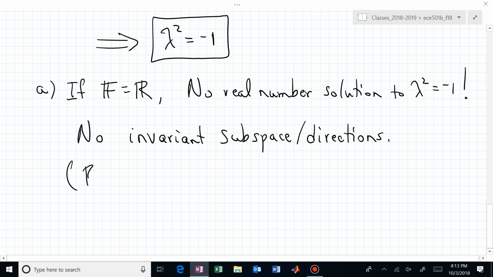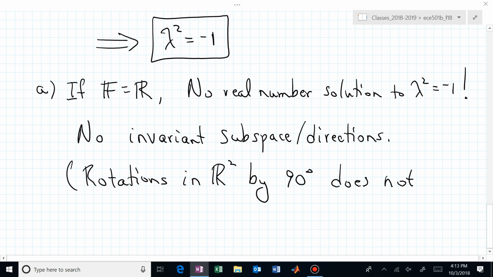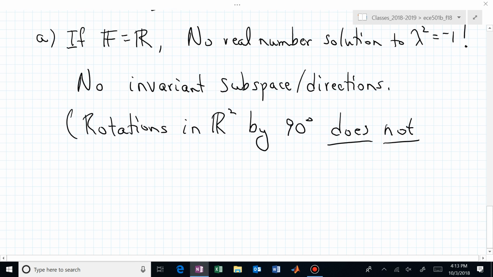So rotations in R2 by 90 degrees do not preserve any directions.